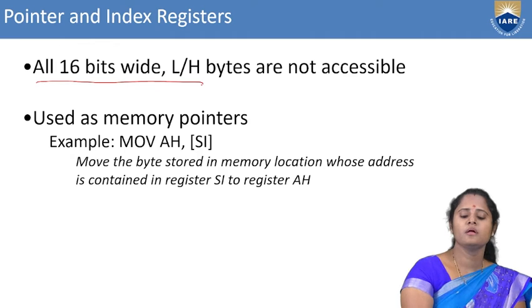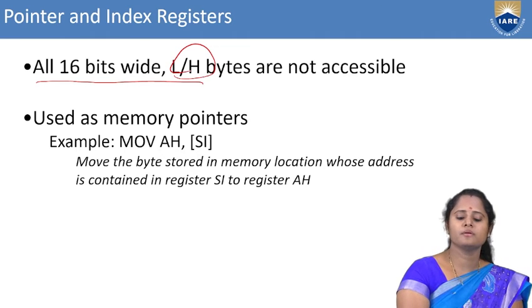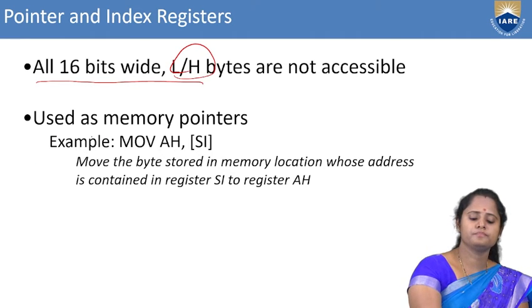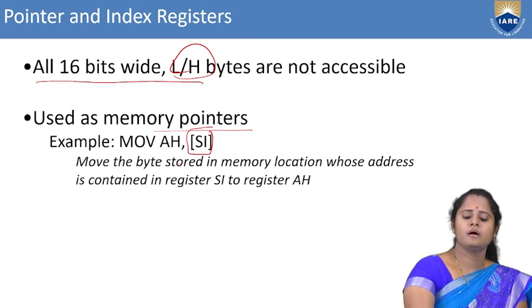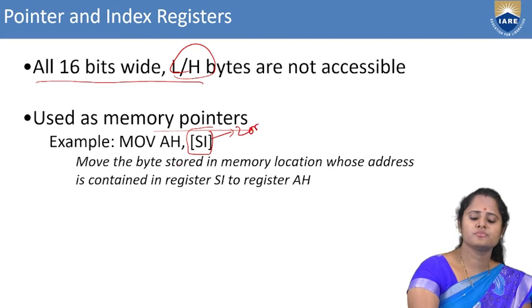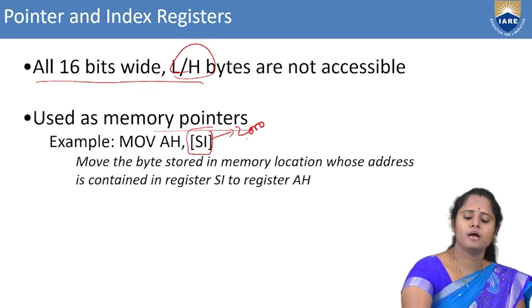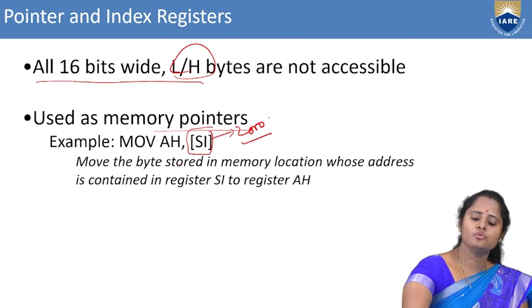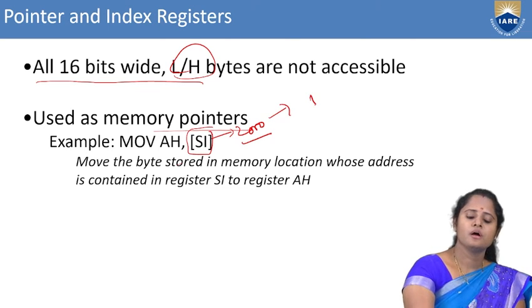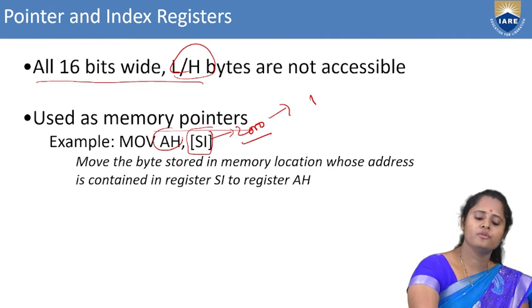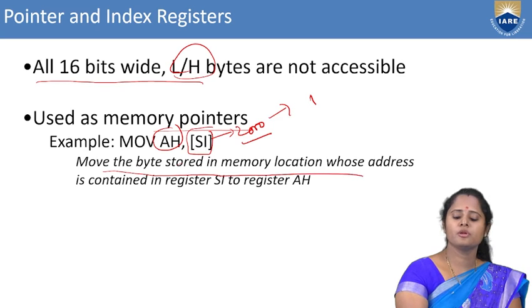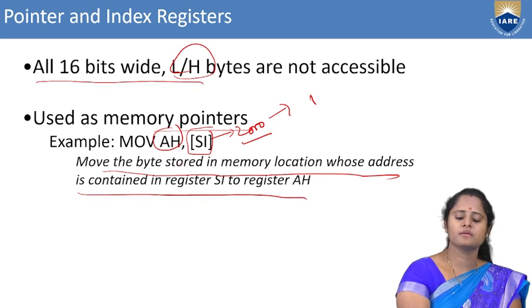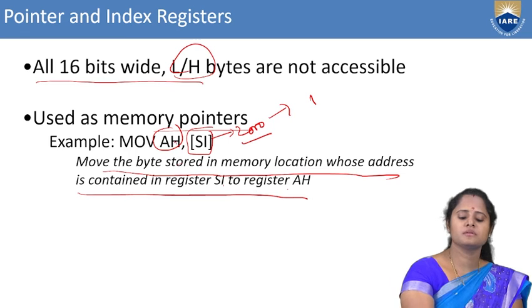These are the index and pointer registers. All are 16-bit, and can access a lower and higher byte. Here you have an example where SI is assigned a memory location with the address 2000, where I have stored some values. Those values are moved into AH. This moves a byte stored in the memory location whose address is contained in the register SI to the register AH.